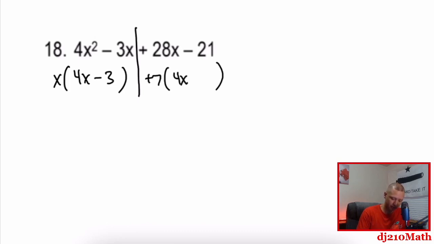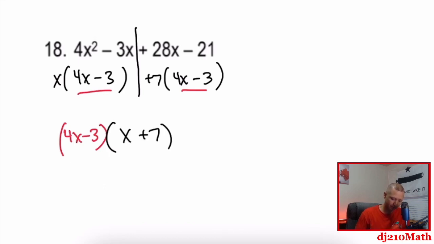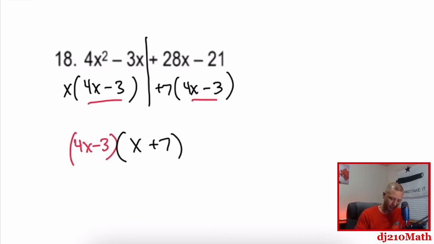So 4x minus 3 makes negative 21. All right. So they match. I'm going to factor that out. So that's the first part. And what's left behind? X plus 7. Factor by grouping.